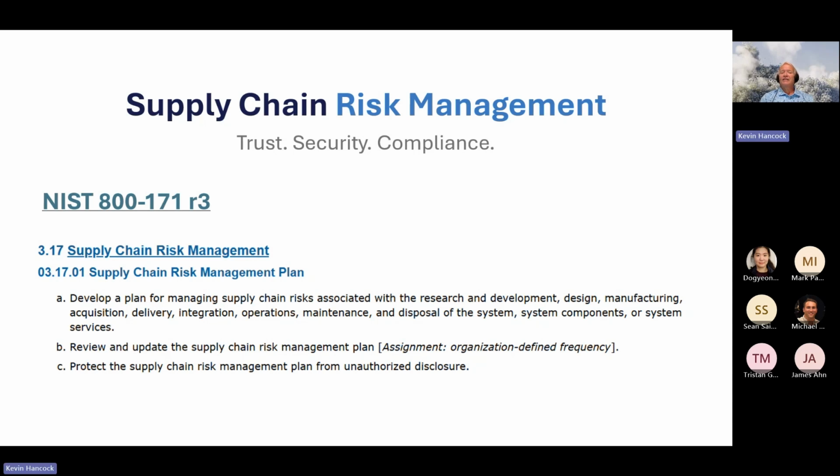This more explicitly spells out that you need that supply chain risk management plan. You've got to review and update that risk management plan. As part of this, you're going to be required to ensure that your supply chain also adheres to the requirements that you have as contractual obligations. So this is spelled out today as part of DFARS flowdowns. It's also being written into those different as well.